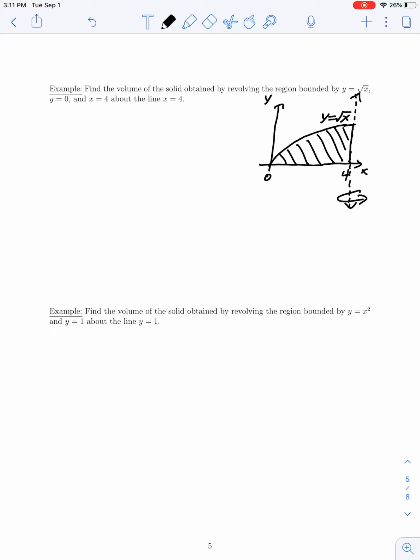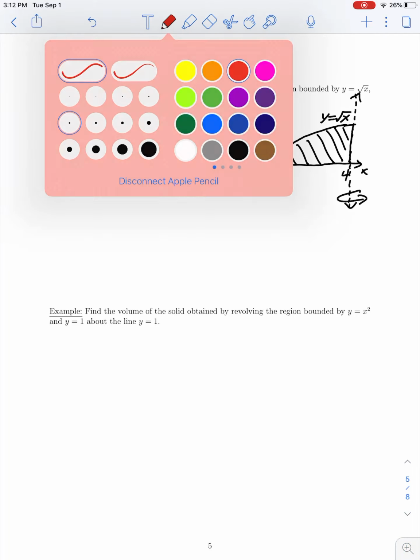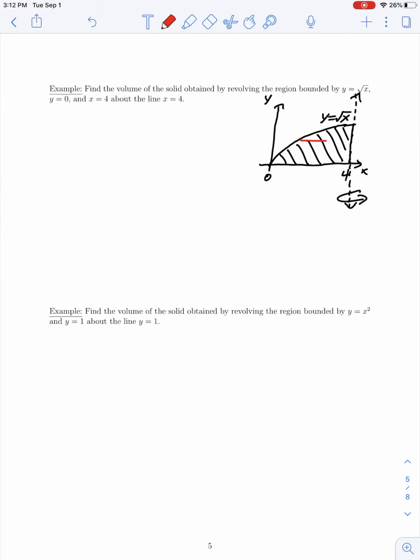So when we revolve this region about the vertical line x equals 4, if we want to make use of the disk method, so if we want our cross sections of this solid to be disks, we would need to take a slice which is perpendicular to my axis of revolution.